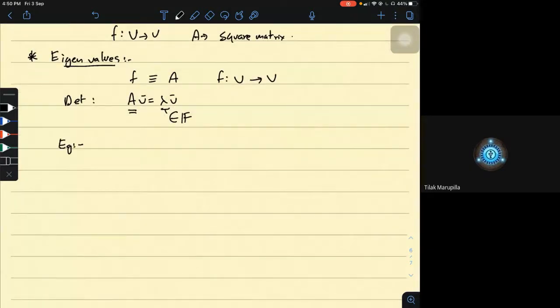So I'll walk you through a simple example of determining the eigenstates. Let's consider the matrix given by the following, which is basically the Hadamard gate.